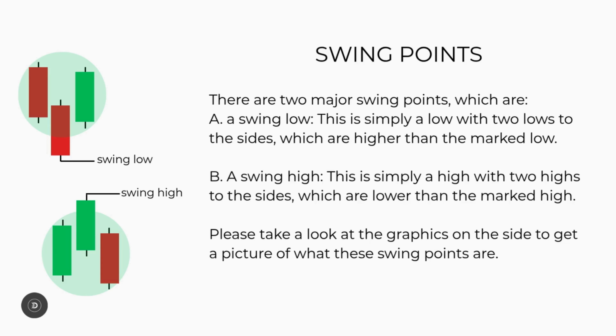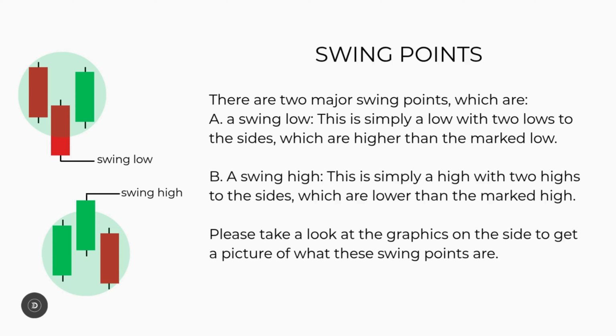So we call that a swing low. If you look to your left, you're going to see a pictorial view of what a swing low is. You can see these two candlesticks to the left and to the right, much higher than the one in the middle. This middle candle's low is what we mark out as a swing low.